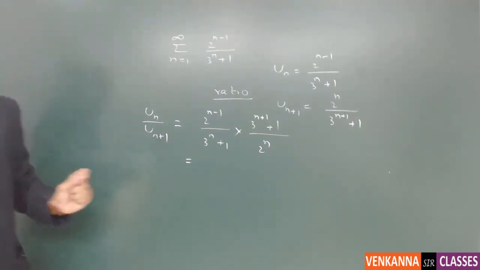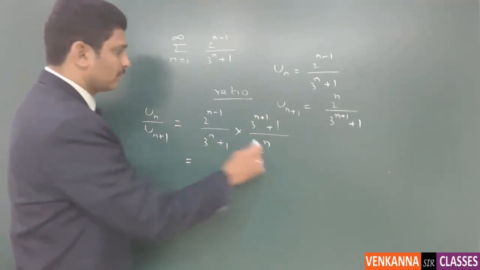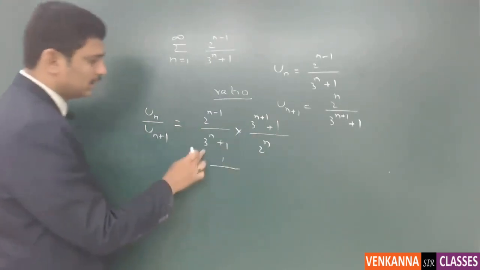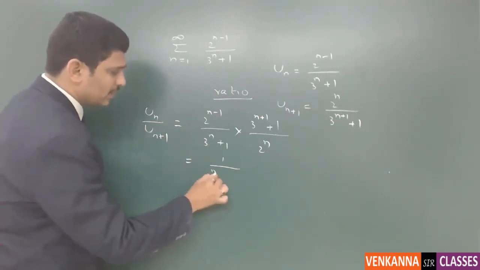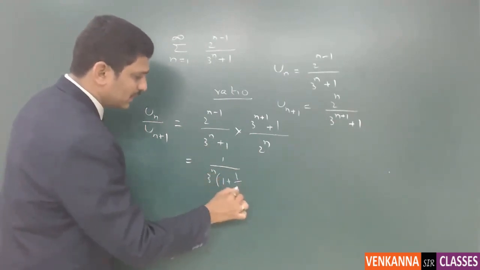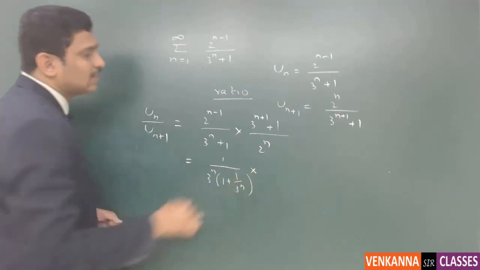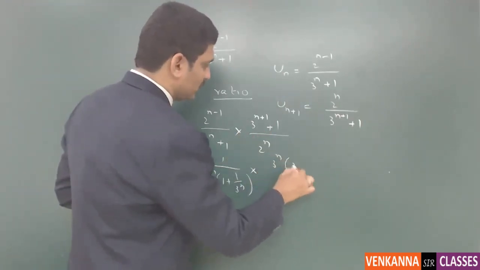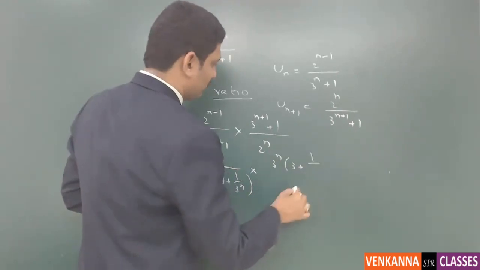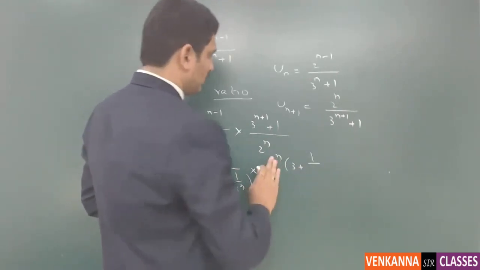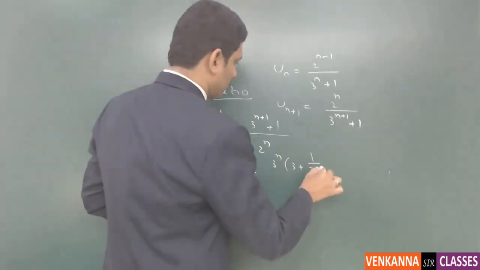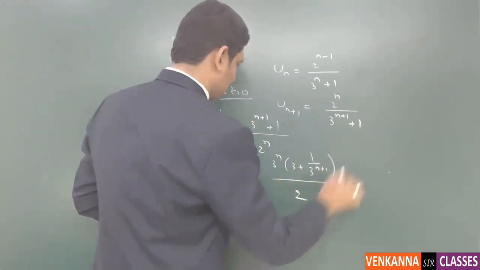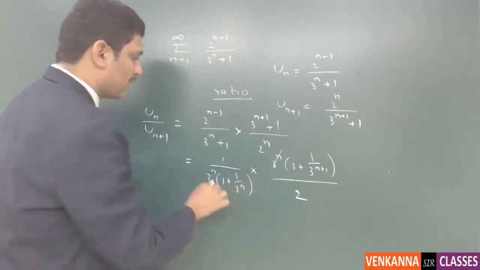So if you take that, here 2 power n minus 1 gets cancelled, 1 by. If you take 3 power n as common here, 1 plus 1 by 3 power n. And here if you have common 3 power n here, 3 plus 1 by, and 3 power n gets cancelled.